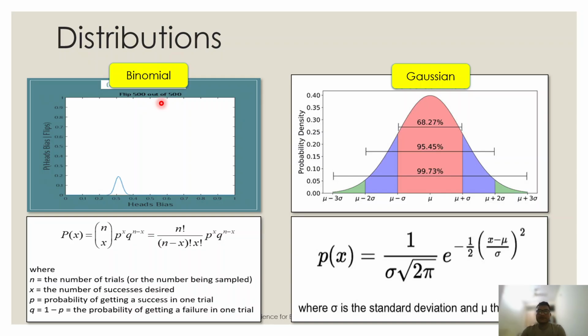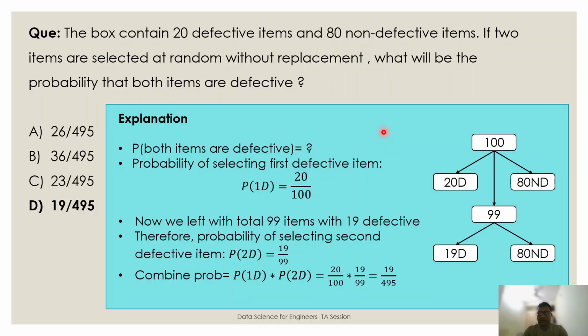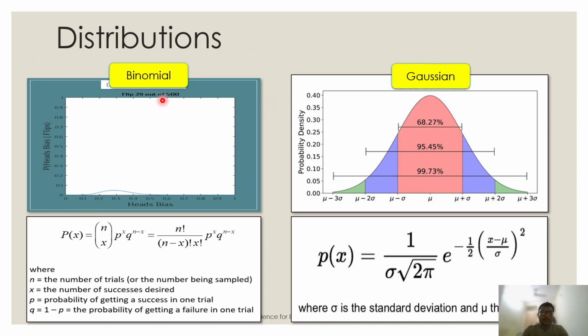I will flip once, flip two, flip three, and check the probability of getting a head. Here you can see I'm doing the flips and calculating the probability, and when I calculate till 500 flips, the probability of getting a head reaches 0.2. The heads are biased, and that's why your probability is 0.2.